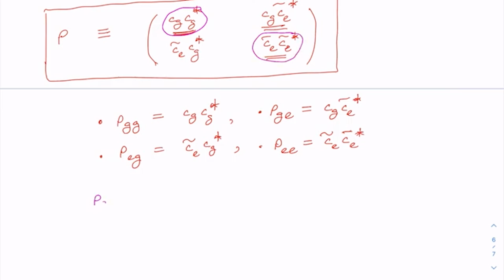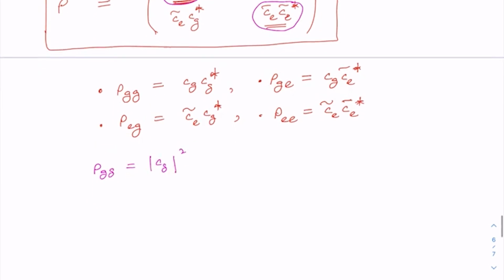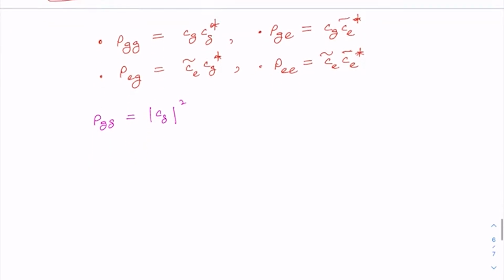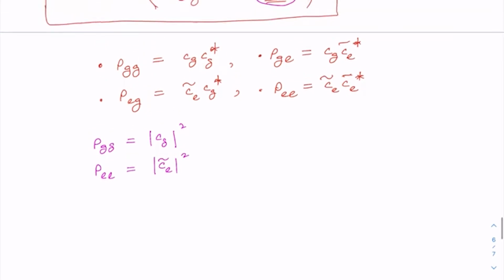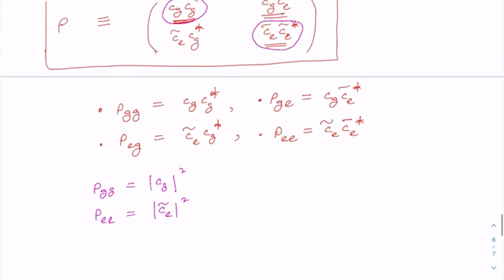So rho zz, which is |cz| squared, gives the probability of finding the two level system in the ground state. Rho ee represents the probability of getting the system in the excited state. And so therefore diagonal elements, physically speaking, represent the population in either the ground state or the excited state.